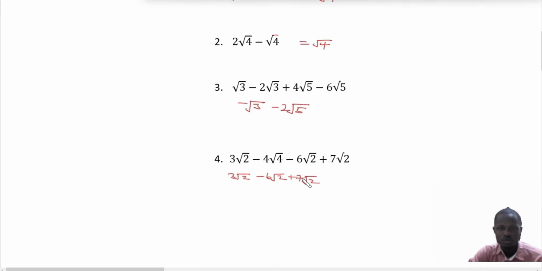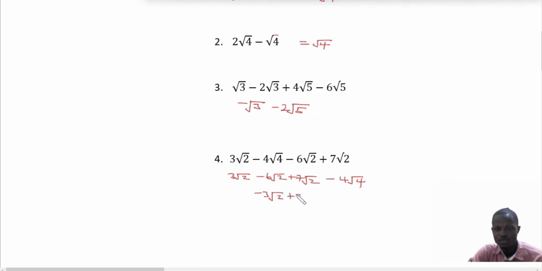We bring the root 2 terms together, and then add minus 4 root 4. Since 3 root 2 and minus 6 root 2 have the same root, we can subtract them. 3 minus 6 is minus 3.